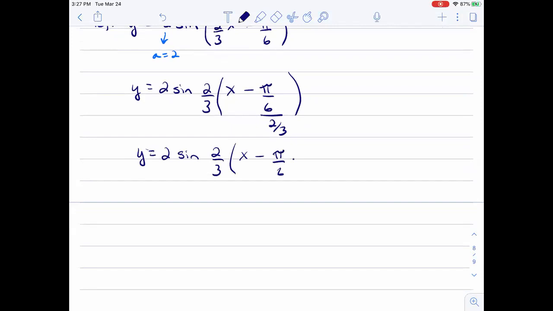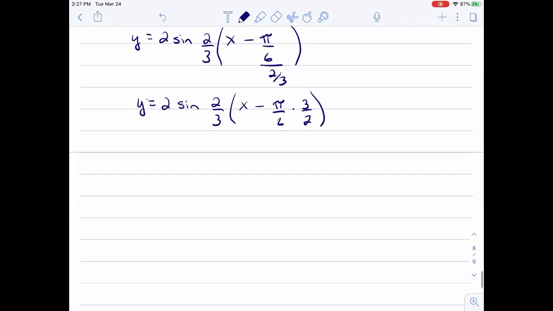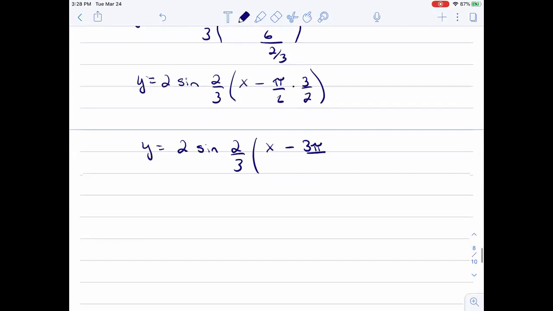Fraction over a fraction, remember, you flip and multiply, so 2 over 3 becomes 3 over 2 that I can multiply. And so what I get is y is 2 sine 2 over 3 times x minus 3 pi over 12.